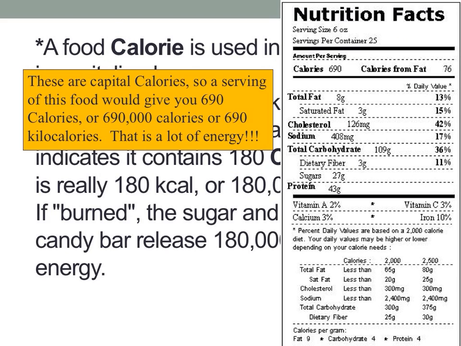So for instance, another quick example, you would have calories up here, there are 690, but it's the capitalized C. So instead of just 690 small calories, like we would see in chemistry class, it's actually 690,000 calories that we would see in class here.